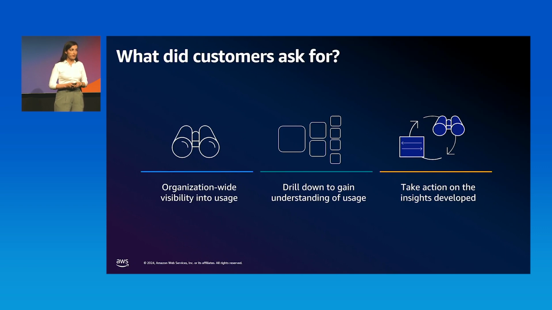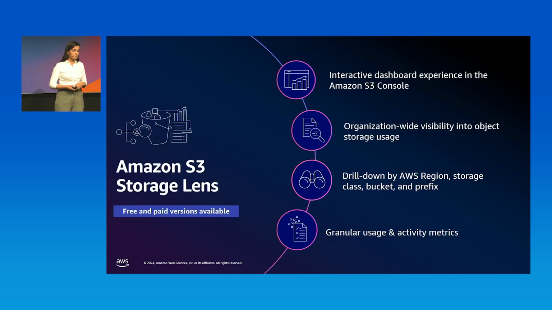Gathering all of this feedback, we launched Amazon S3 Storage Lens. It gives you an organizational-wide view of your object storage, which you can use to improve your Amazon S3 cost and performance.